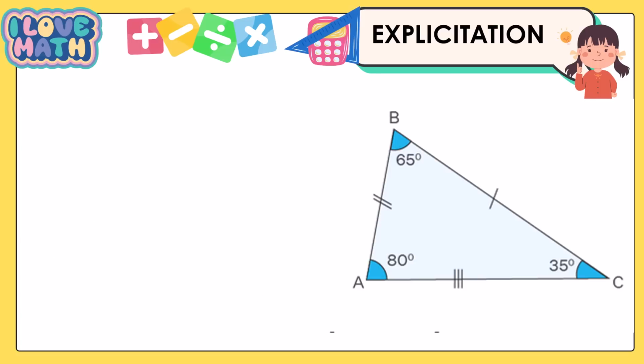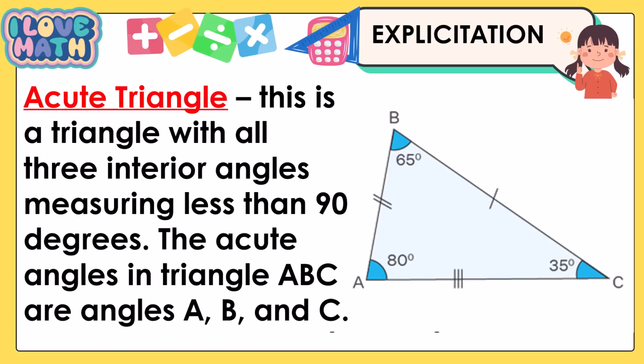Acute triangle. This is a triangle with all three interior angles measuring less than 90 degrees.